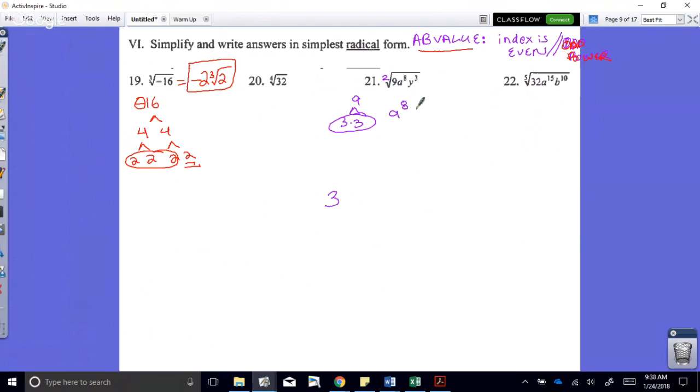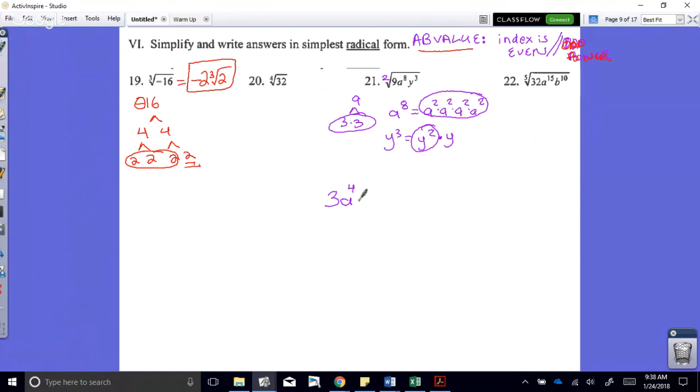Okay, a to the 8th, well, we have 2, 4, 6, 8. There are 4 groups of 2, so a to the 4th. The third is a y cubed, which is a y squared, but there is one y left over.